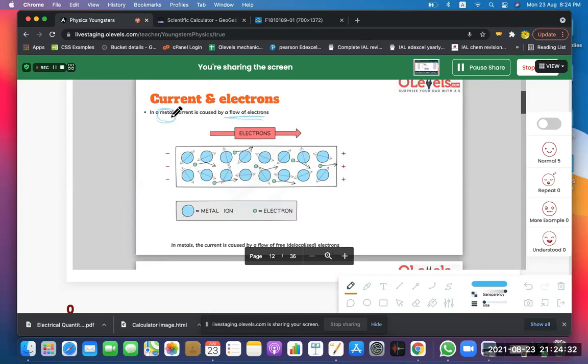Here there's a metal element drawn. This rectangle shows a metal element. And these blue ones are the metal ions. Ions are like particles, okay? These blue balls show the metal ions, the particles in the metal. And this green one.